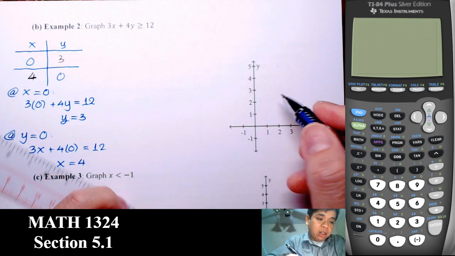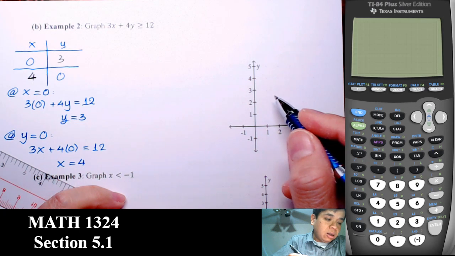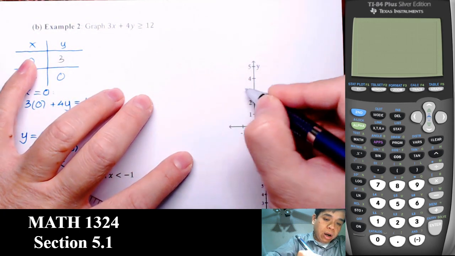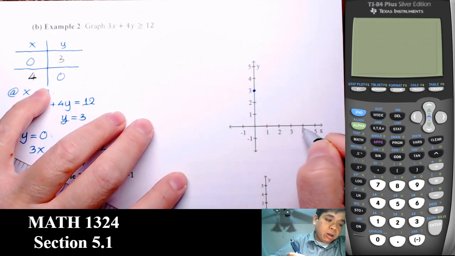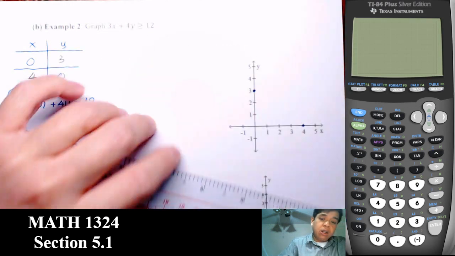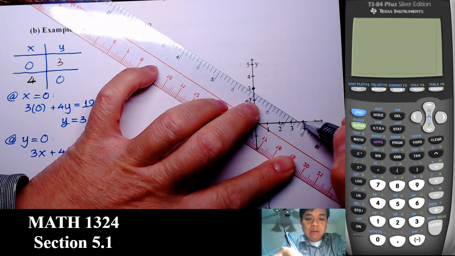So when x equal to 0, y equal to 3, and when y equal to 0, x is equal to 4. So we have the points x equal to 0, y equal to 3, and x equal to 4, y equal to 0. This one has the equal sign, so we will have a solid line.